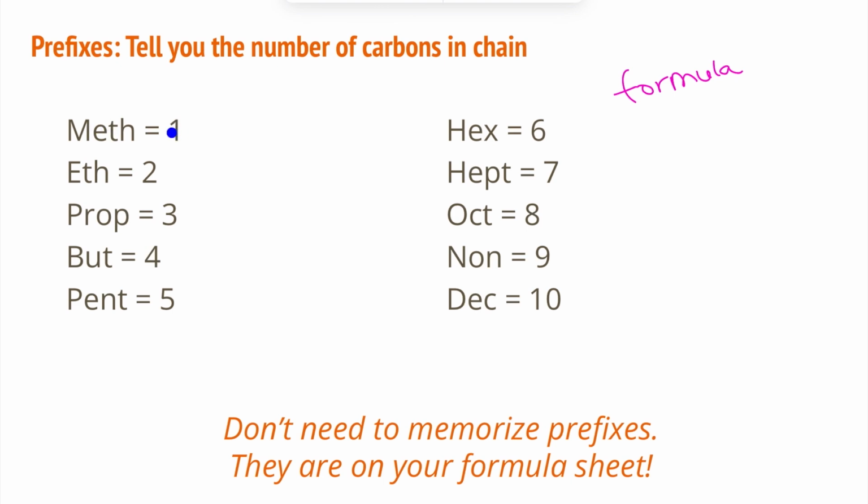If you only have 1 carbon, that would be meth, and then those go up: eth, prop, but, pent, hex, hept, oct, non, and then dec. Some of these we've seen before, but the lower ones are different. So we have a prefix that tells us our number of carbons.